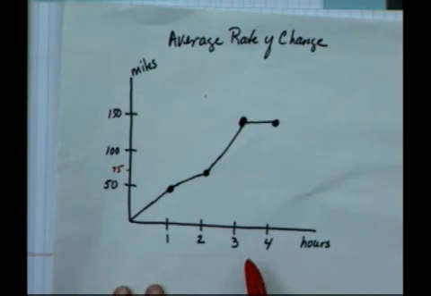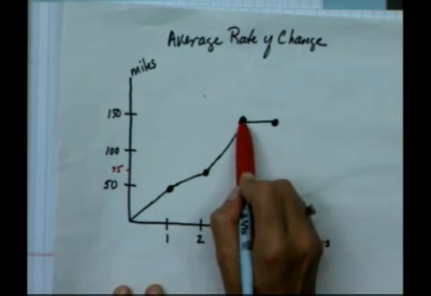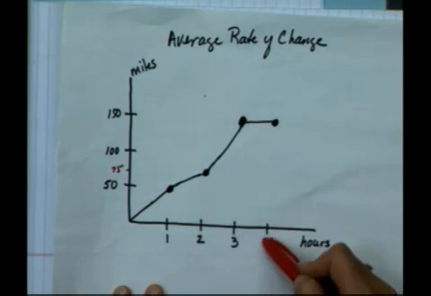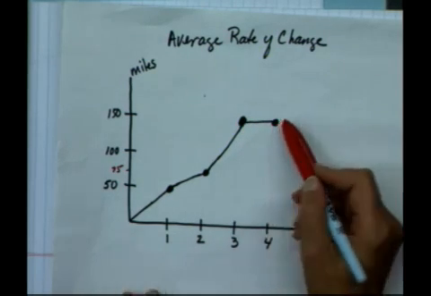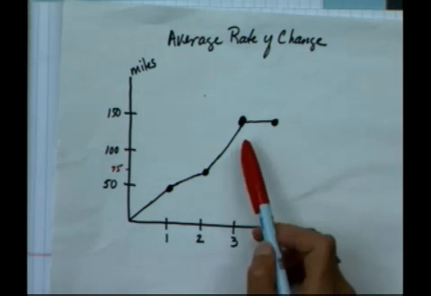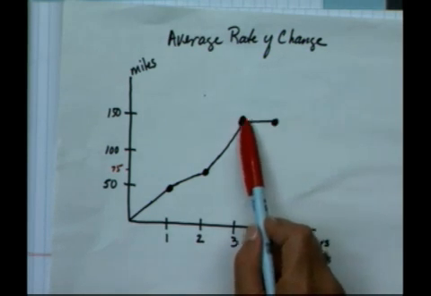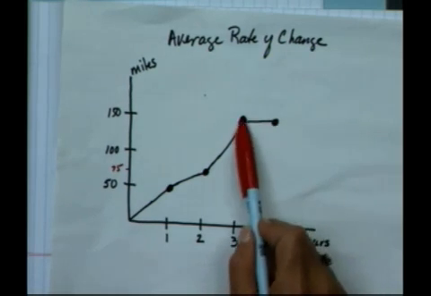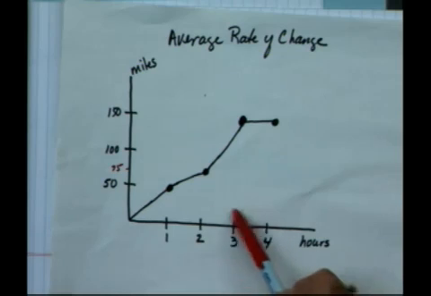At the end of 3 hours, we're at 150 miles. And at the end of 4 hours, 150 miles. I would claim that at the end of 3 hours, we stopped to eat, because you haven't covered any distance between 3 and 4 hours.